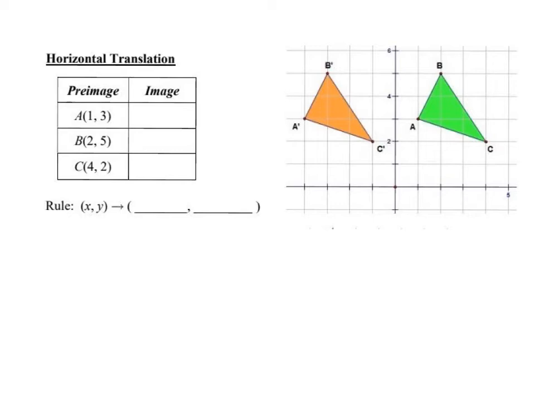And we've got the green shape is our pre-image, ABC, and then the image is going to be A prime, B prime, C prime. So if we record the coordinates for the image, we know that A prime is going to be at negative 4, 3.